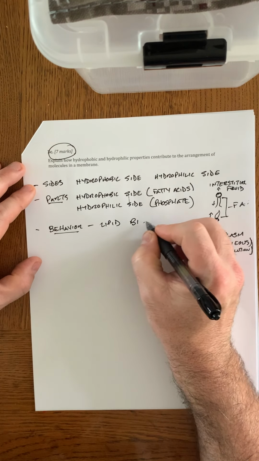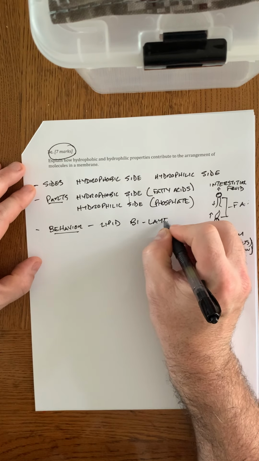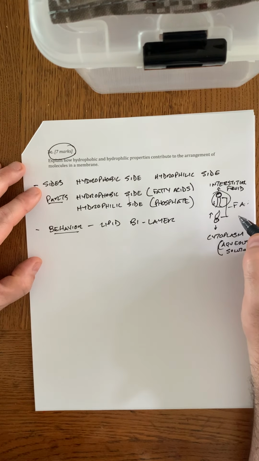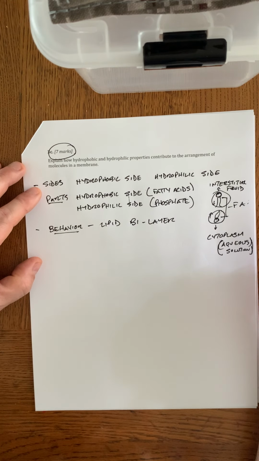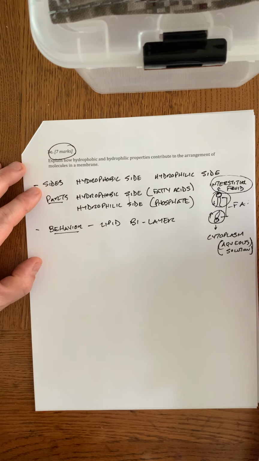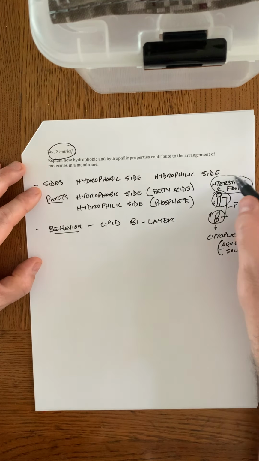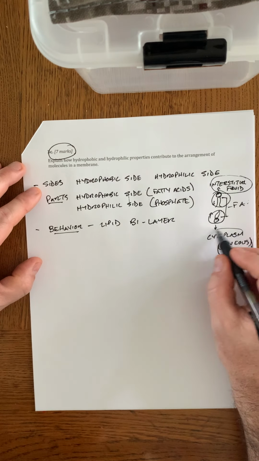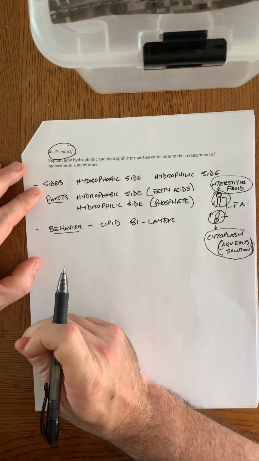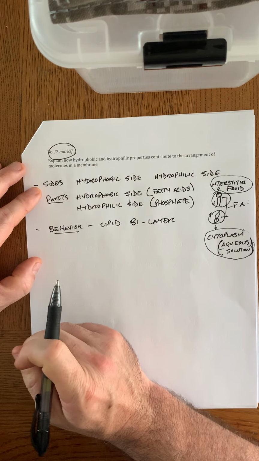Bilayer meaning that it has 2 sides. You have fatty acids that are going to be on the outside of the membrane, fatty acids that are going to be on the inside of the membrane, at least towards the cell, and this would be outside of the cell. So this would be like blood or mucus or something along those lines, and kind of fluid surrounding the cell, and this is going to be the interior of the cell.